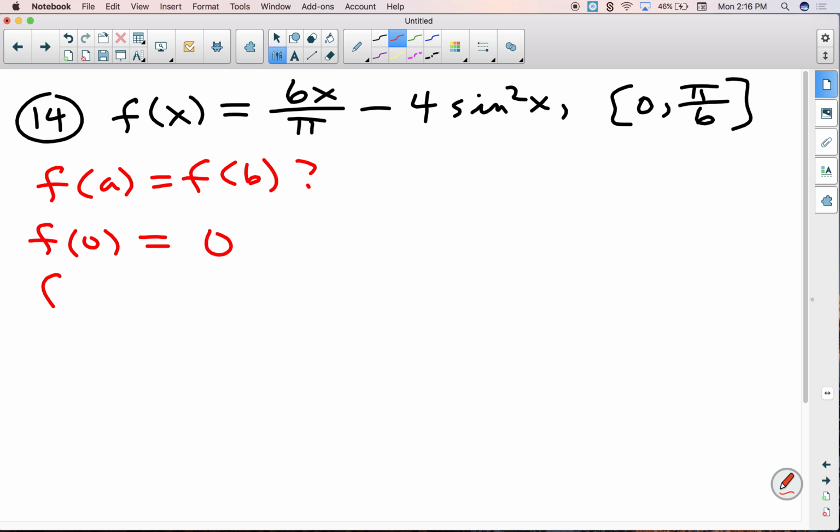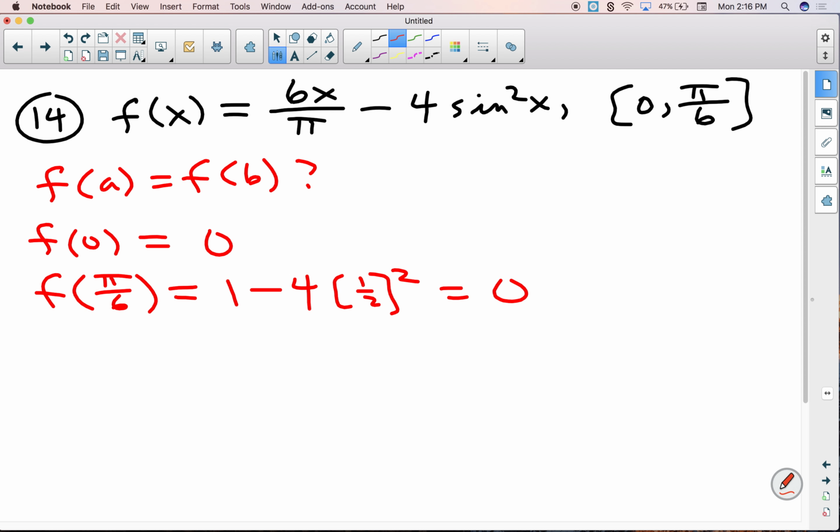What about f of pi over 6? Okay, so if you plug in pi over 6 here, 6 over pi times pi over 6 is 1. Minus 4 times, what's the sine? 1/2. Good, half squared is 1/4, times 4 is 1, 1 minus 1 is 0.